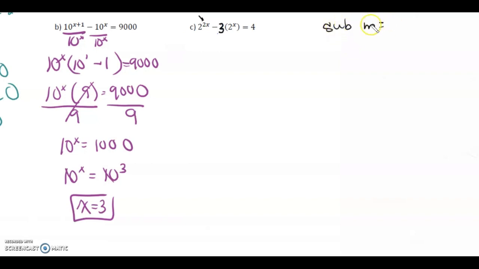Let m equal 2 to the x. So 2 to the 2x is m squared, and minus 3 times 2 to the x is minus 3m. I'm going to bring this 4 over, so we have negative 4 equals 0.